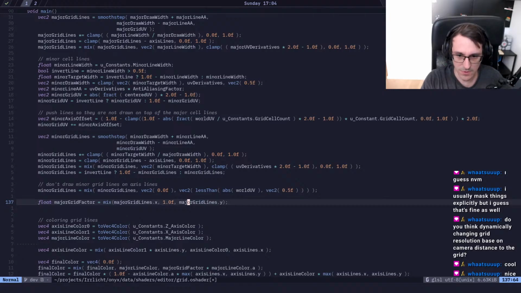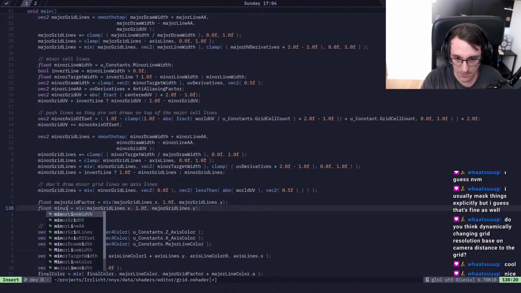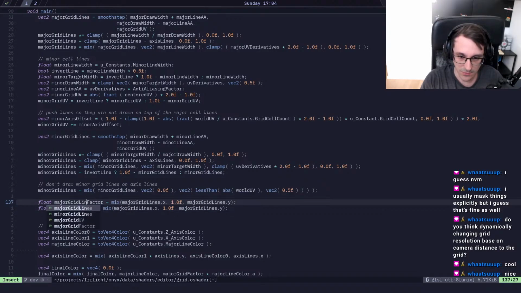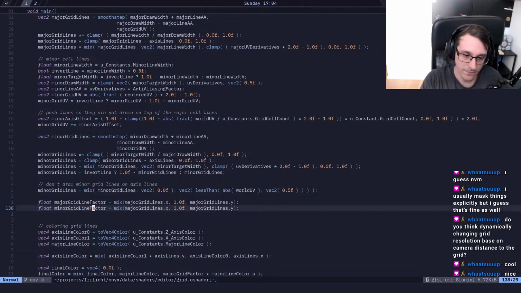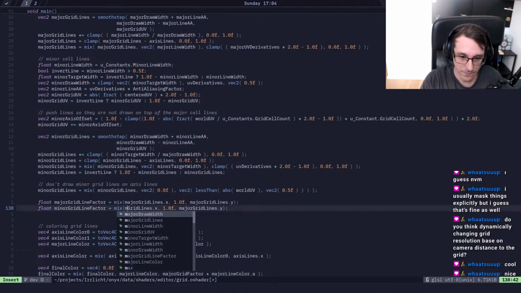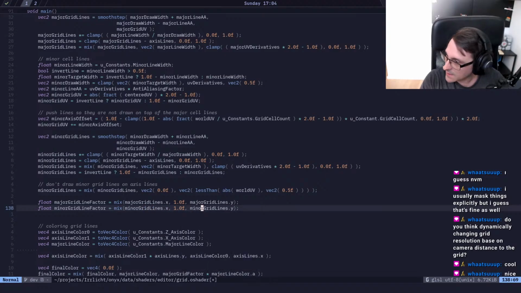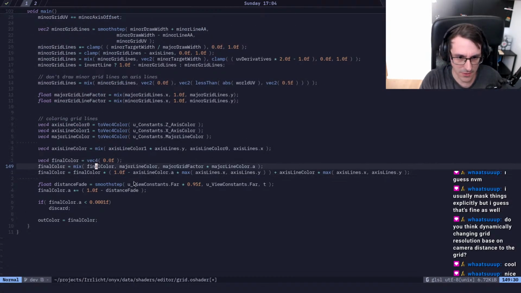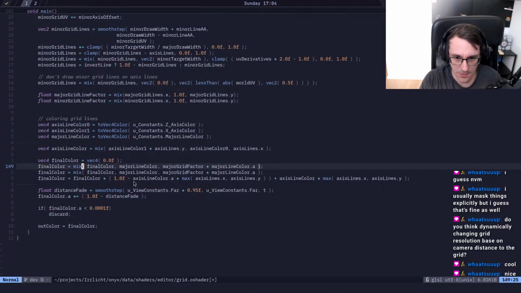Alright. Then we do this. We have a minor line factor. It's actually a good line. Like that. Then it's just down here, right? You're adjusting over the color. So basically we do this. This is final color with the minor line color.